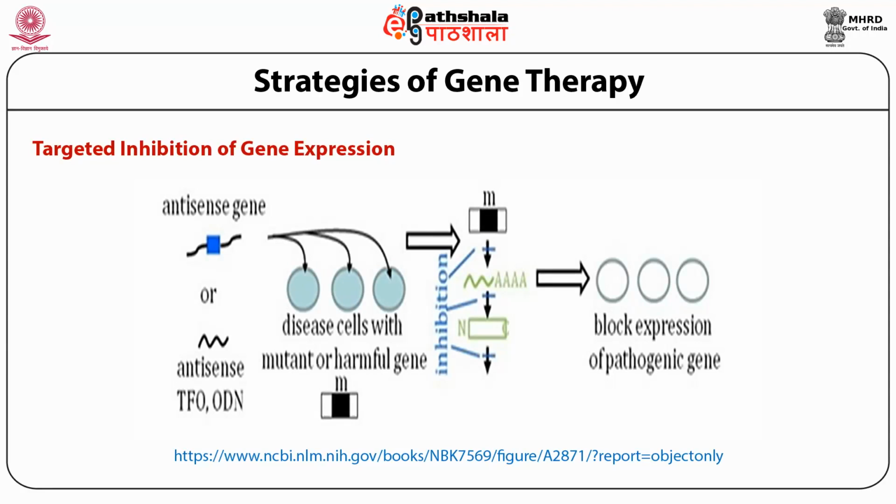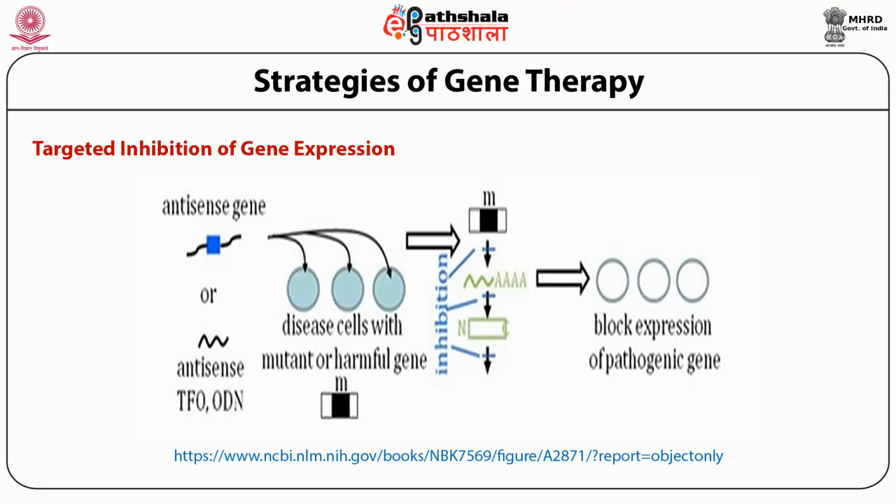inhibition of gene expression. This strategy is to block the expression of any diseased gene or a new gene expressing a protein which is harmful for a cell. This is particularly suitable for treating infectious diseases and some cancers.